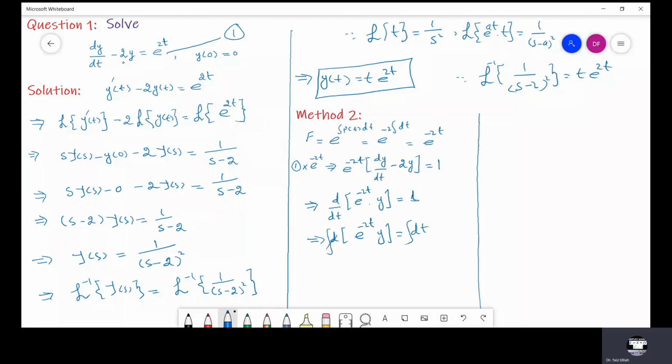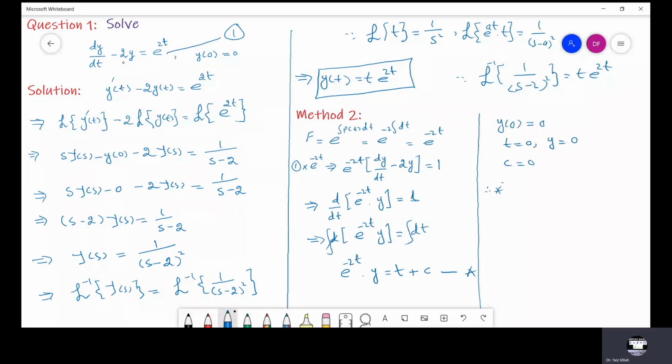So we can obtain that e power minus 2t into y is equal to t plus constant of integration. And we know that the initial condition is y of 0 is equal to 0, which means that at t is equal to 0, the value of y is 0. If we put these values in star, we can get that c is equal to 0.